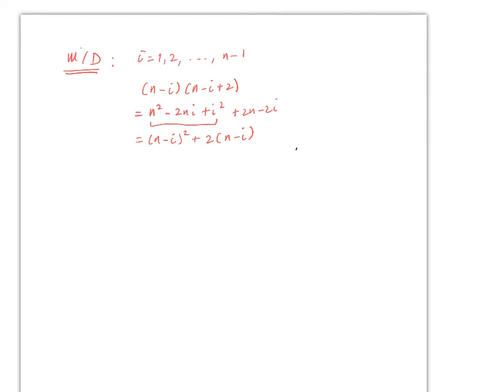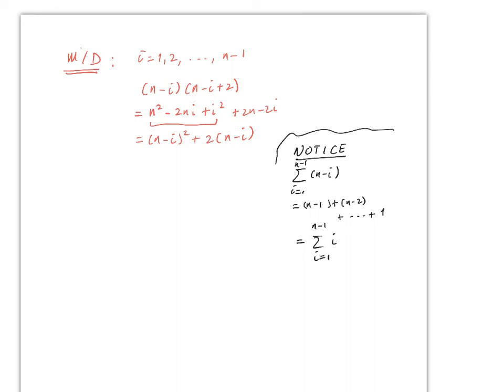Now notice, and you should check that this is the case, okay? You convince yourselves that the sum, let's say, from i equals 1 to n minus 1 of n minus i, for example, if i is 1, this will be n minus 1, then n minus 2, and so forth, all the way to 1, is the same thing as just the sum from i equals 1 to n minus 1 of i.